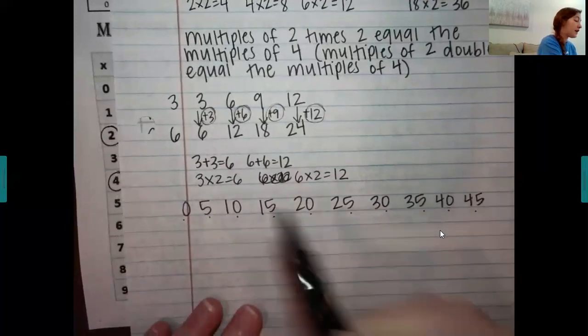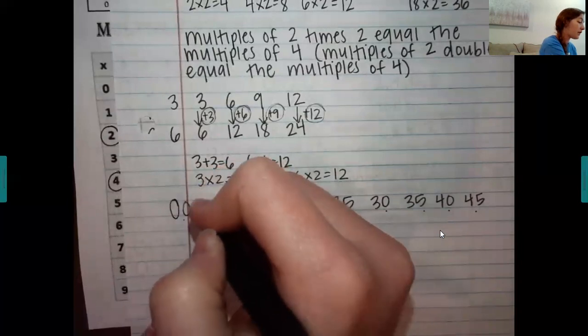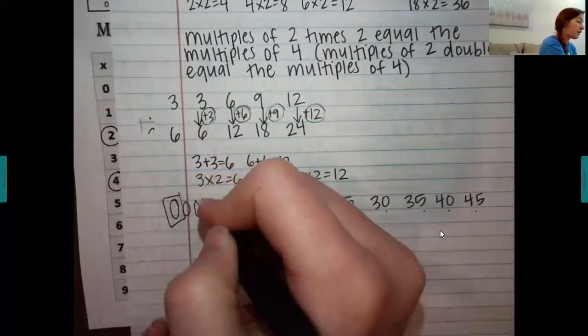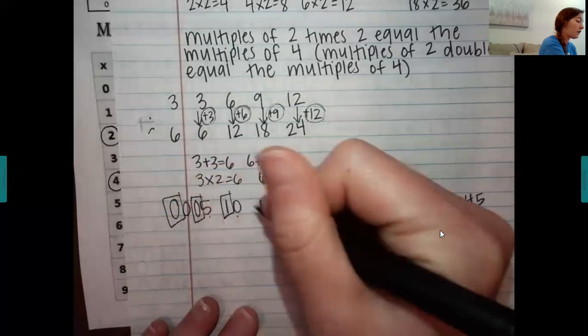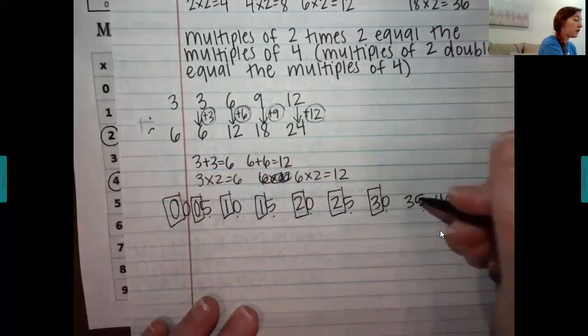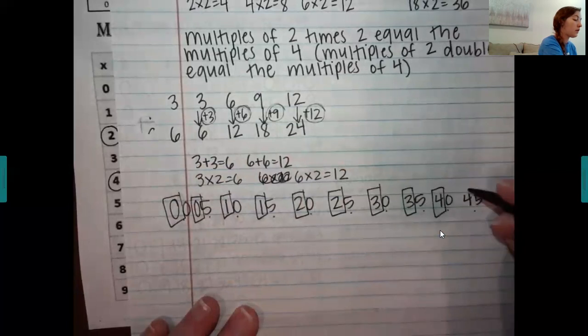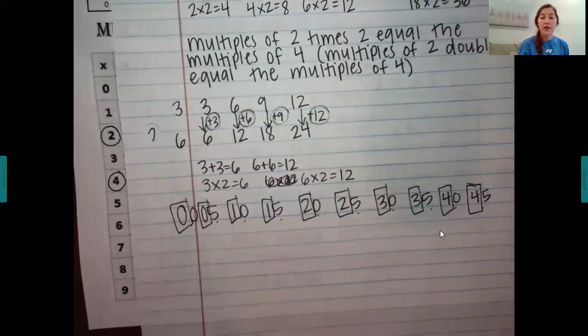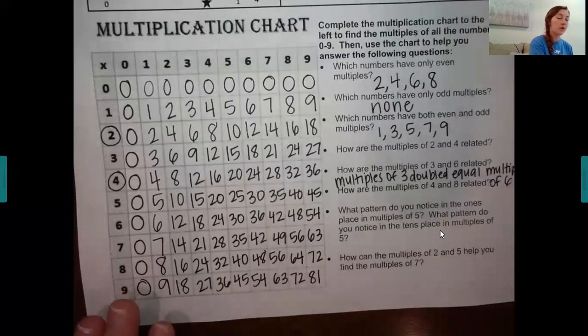Then if I look at the tens place, I have a 0 in the tens place here, a 0 here, 1, 1, 2, 2, 3, 3, 4, 4. So I noticed that the tens place is going up by 1 every other multiple.